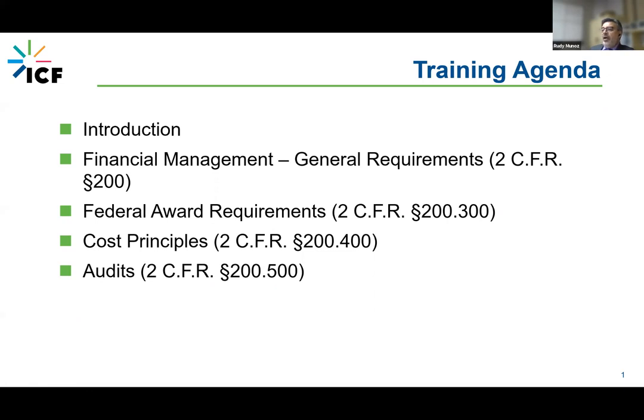Then we'll move on and spend quite a bit of time discussing cost principles, which are found in subpart E or subsection 400. And then we'll conclude the financial management training session by going over audit requirements, which are found in subpart F or subsection 500.